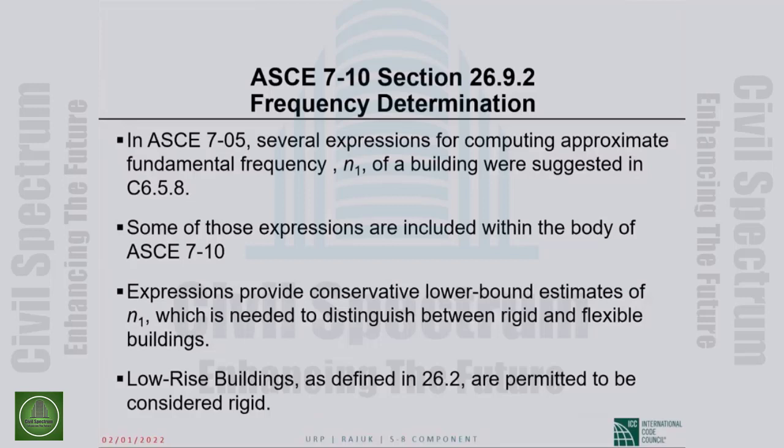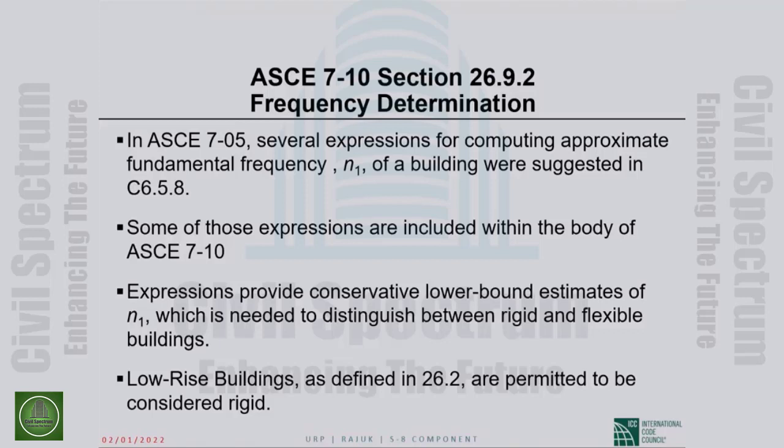For a long time, ASCE 7 did not tell you how to calculate this frequency, which is the basis of distinction between rigid and flexible buildings. ASCE 7-05 put some expressions in the commentary.